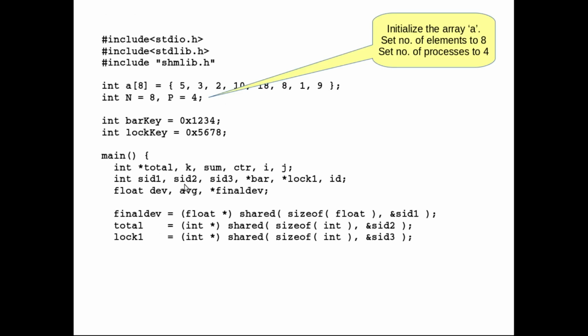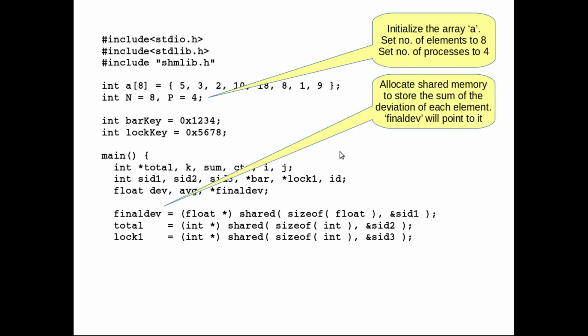So this is the parallel program which may not be clearly visible. So let me break it up and explain it part by part. So in the first part we initialize the array and we initialize the total number of elements to 8 and total number of processes to 4.